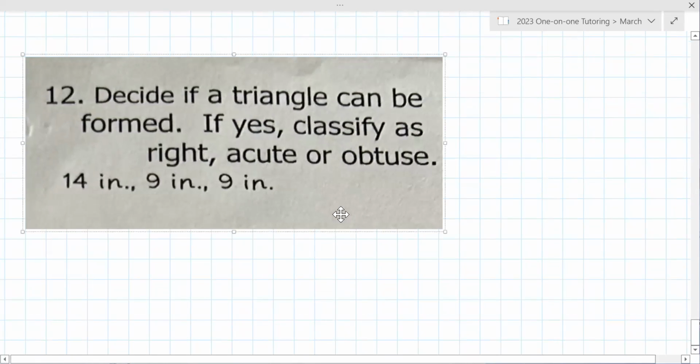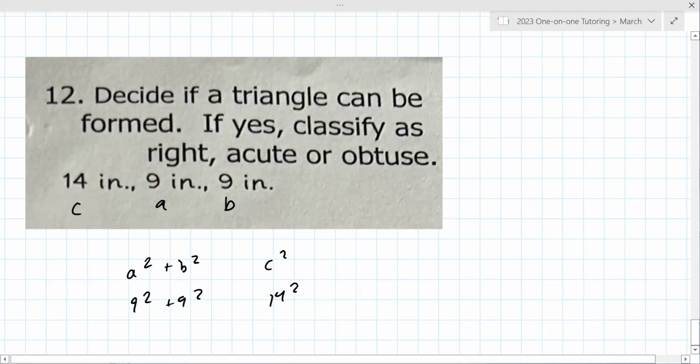All right. Number 12 here, same thing. If two of the lengths are the same, you just choose which one you want it to be. So this is 9 squared plus 9 squared, 14 squared.